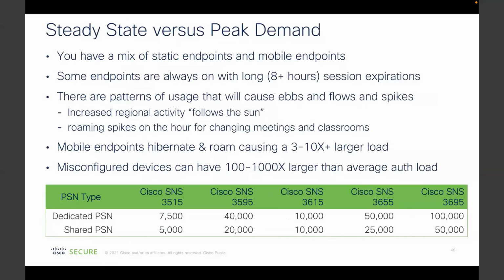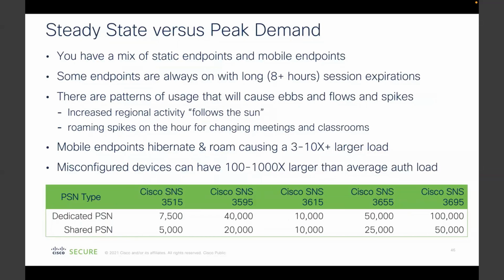The other thing is misconfigured devices. If they don't trust a certificate, they may sit there and retry and retry and retry to authenticate, and it's just always going to keep failing because they're not configured correctly with the right certificate or something, or the wrong password. That can be a huge impact on your authentication load on your ISE servers, depending upon the number of devices and what kind of device is doing it.